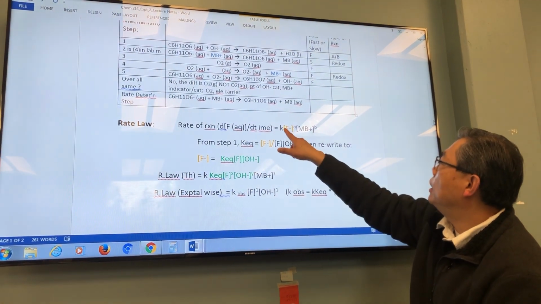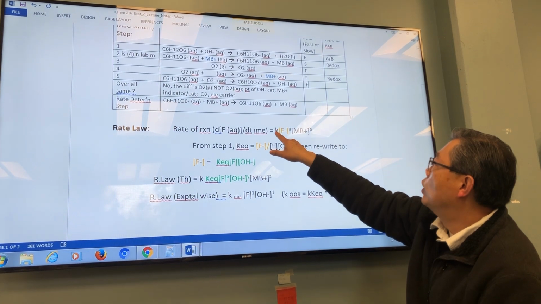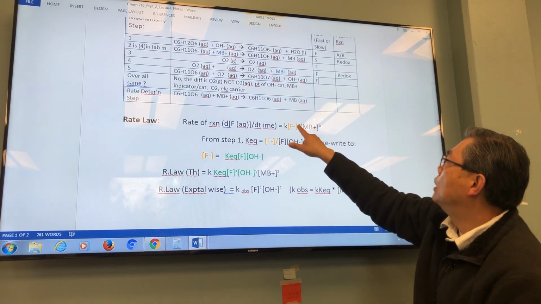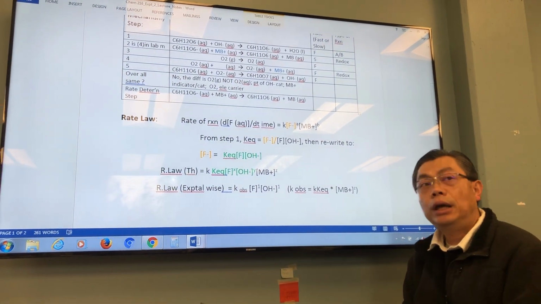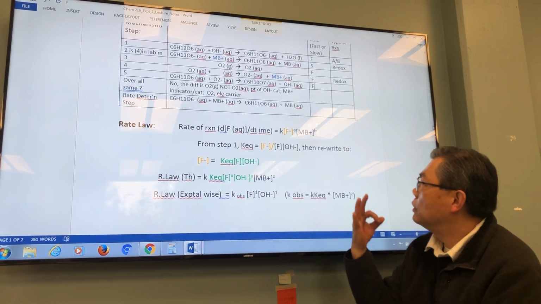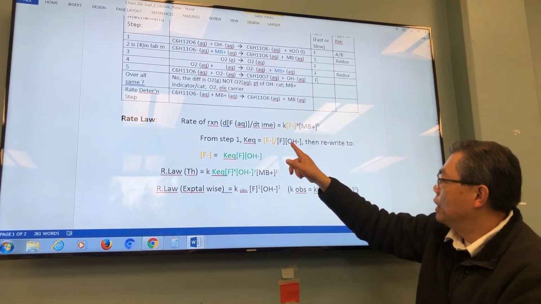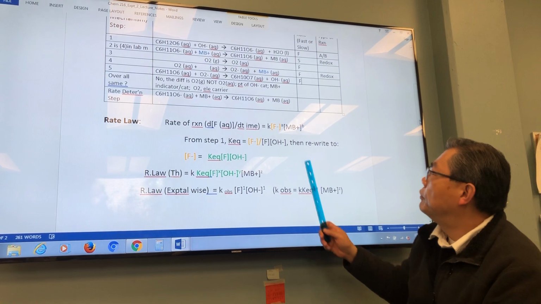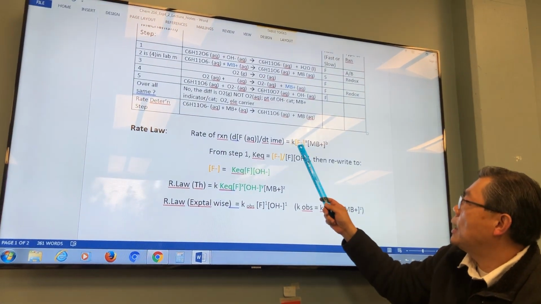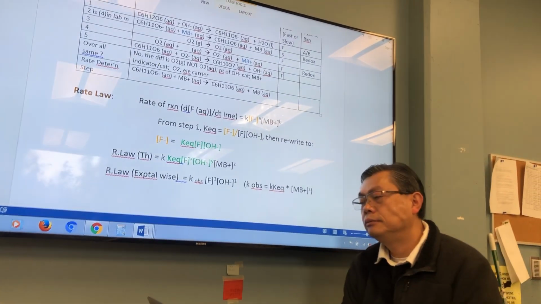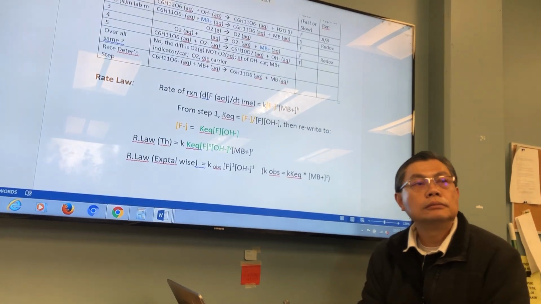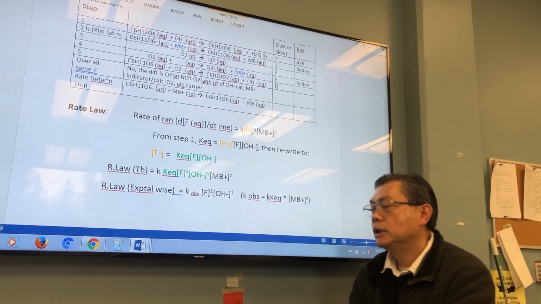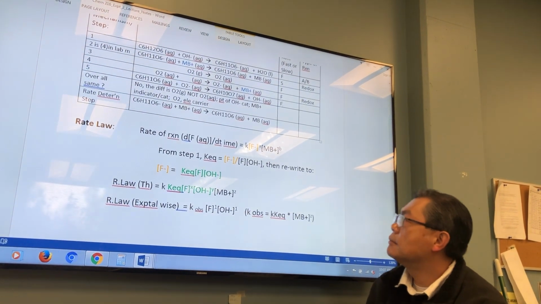So same thing, we have what? 1, 2, 3. 3 unknowns, so we need 3 equations. Now further, what is photo anion in here? What is this guy?